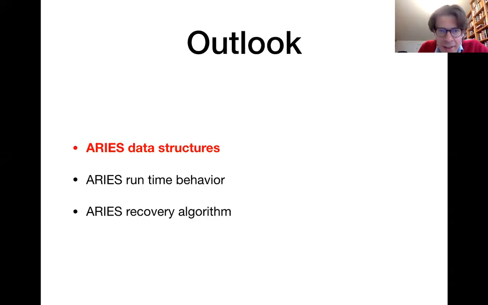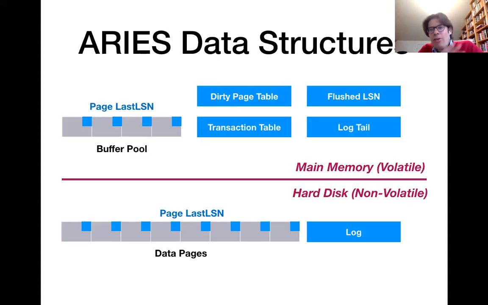Now, in the following, we still have a little bit of time to talk about the different data structures of the ARIES algorithm. And all of those different data structures, I have them represented here. So here we have some data structures in gray, and those are the data structures that do not directly relate to the ARIES algorithm. So here we have, of course, the data pages on hard disk, and we have the buffer pool pages in main memory.